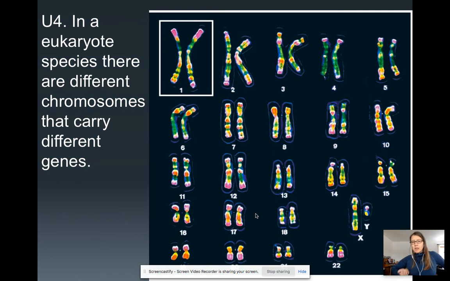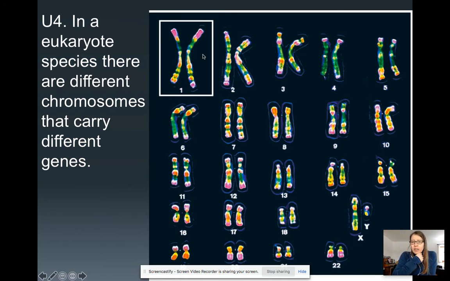Okay, so now let's look at eukaryotic chromosomes. It's important that you understand that if you're looking at the entirety, here's all the chromosomes, say, in a human. So we've got 23 pairs of chromosomes, and these ones are laid out on what we call a karyogram. We're going to look at those in more detail in another screencast.